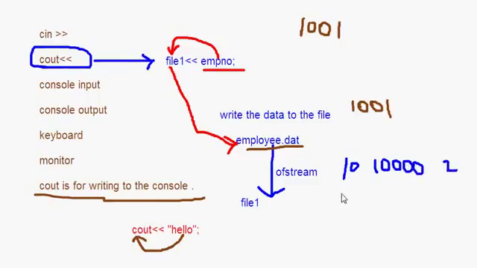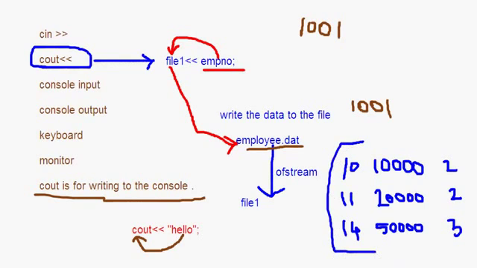Now the next employee, the salary is 20,000, and the department number is 2 again. This way it is going to write the data into the employee.dat file. This file can be opened in Notepad and you can view the details.